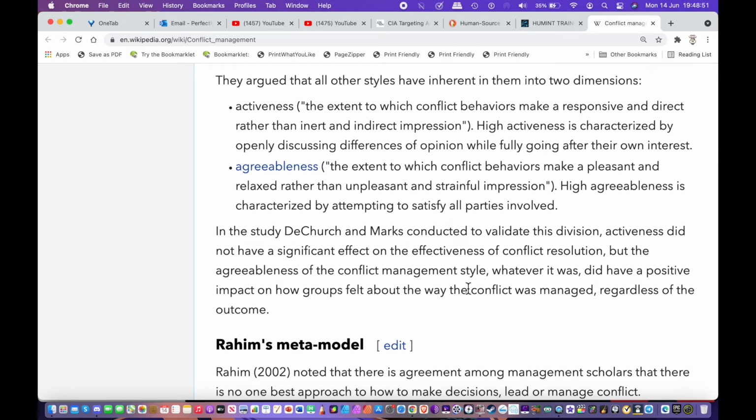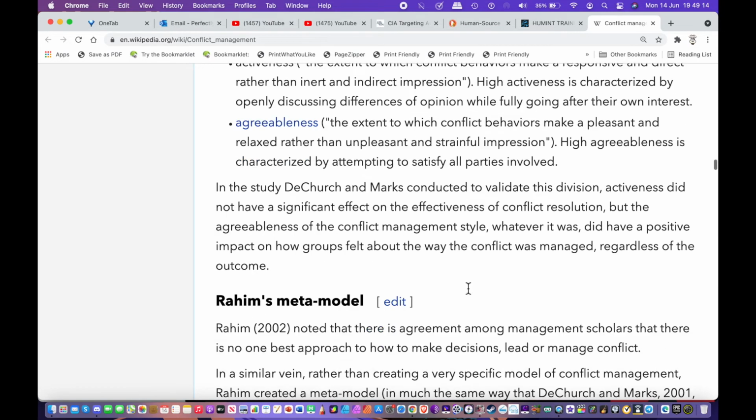Agreeableness, something I'm brilliant at because I don't like conflict. The extent to which conflict behaviors make a pleasant and relaxed rather than unpleasant and strainful impression. High agreeableness is characterized by attempting to satisfy all parties involved.